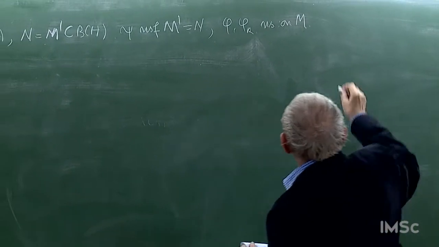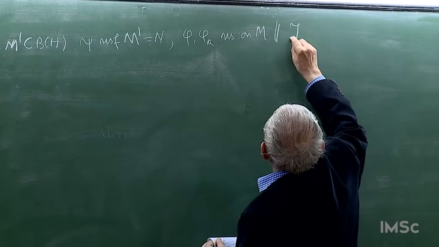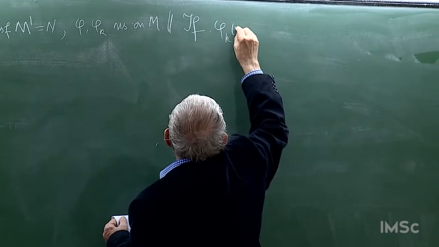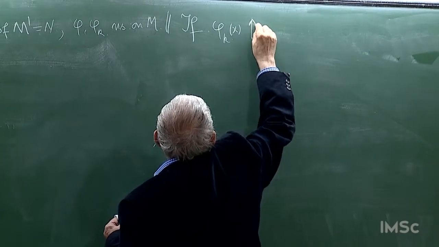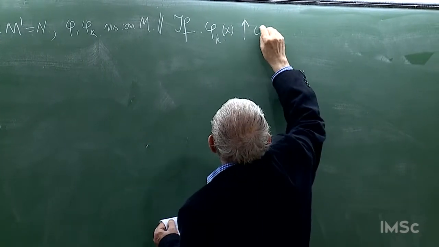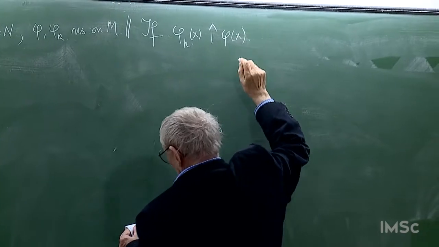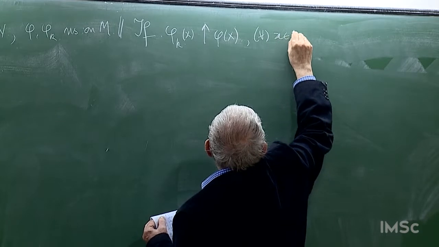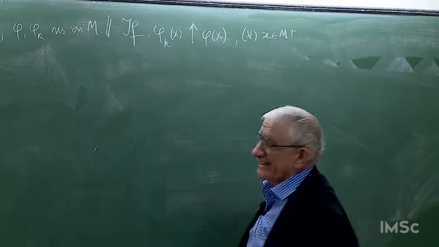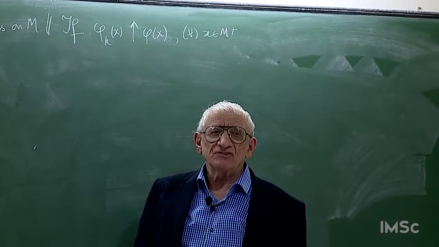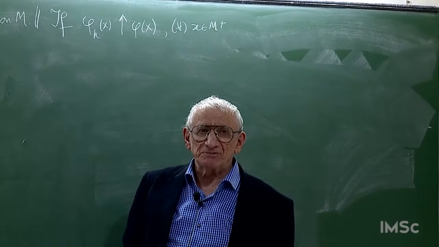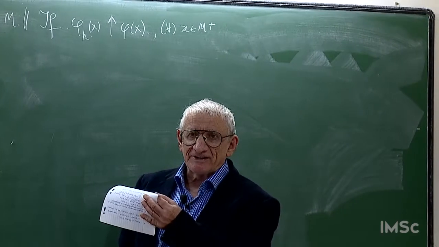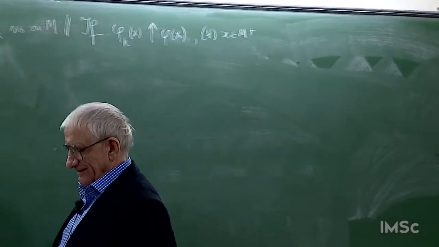Well, if phi k of x converges increasingly to phi of x for every x in M plus, then what about the modular automorphism groups of these weights, phi k and phi?